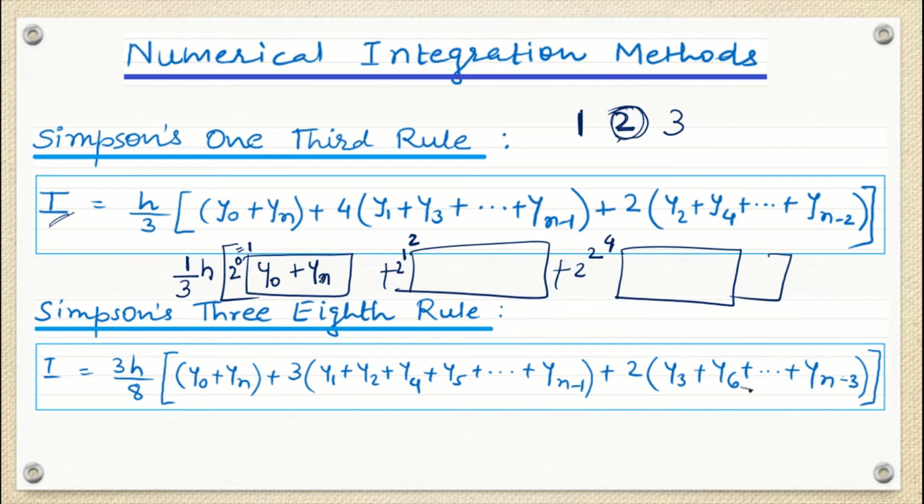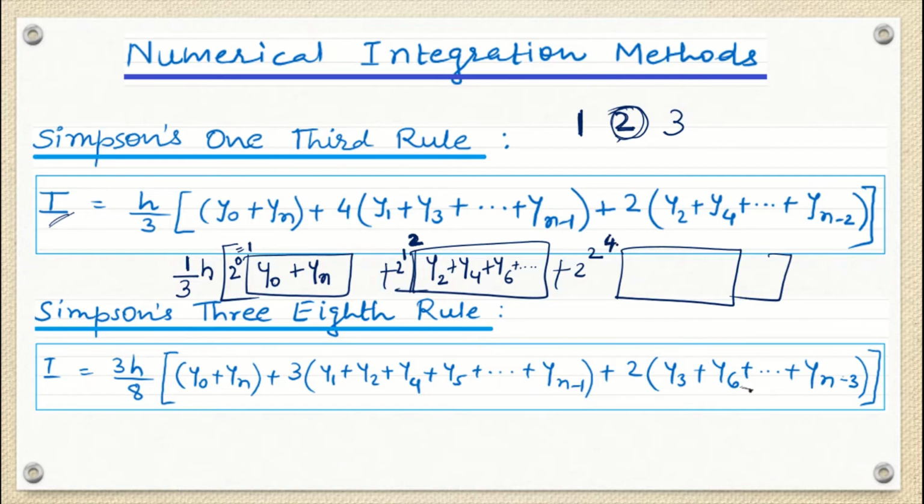Okay, the very second box I'm going to fill with this 2. So I'm going to use all those even ordinates. What is an even ordinate? y2, because y0 I have just taken. So y2, y4, y6, or till whatever the last even ordinate will be. And this is my 4, which I erased from 2 raised to 2.